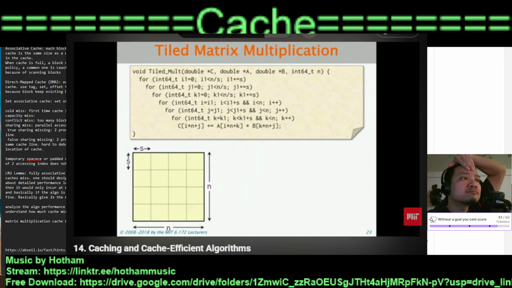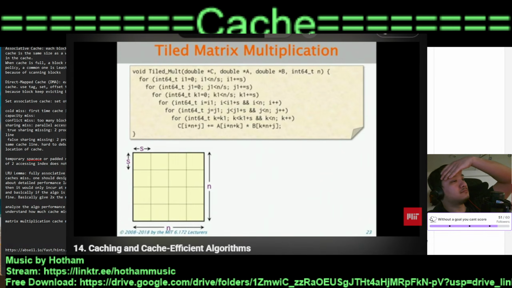So I'm going to loop over S by S submatrices, and within each submatrix, I'm going to do all of the computation I need for that submatrix before moving on to the next submatrix. So the 3 innermost loops are going to loop inside a submatrix, and the 3 outermost loops are going to loop within the larger matrix, one submatrix at a time.